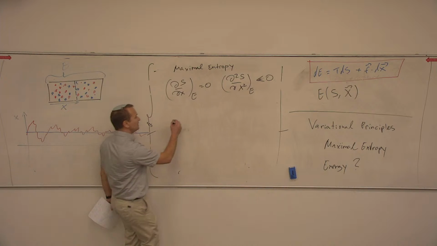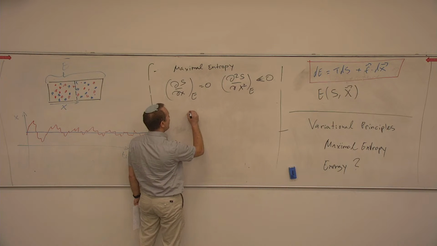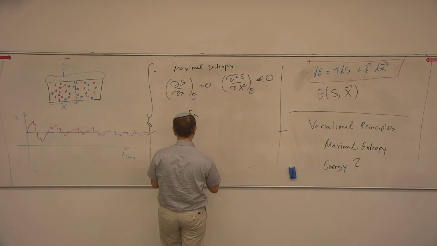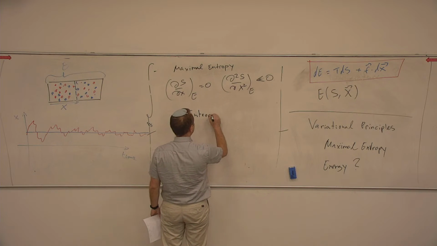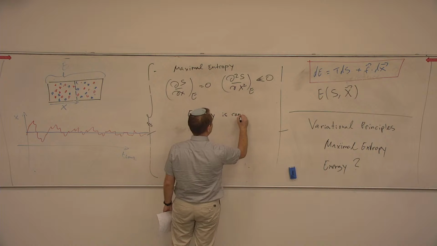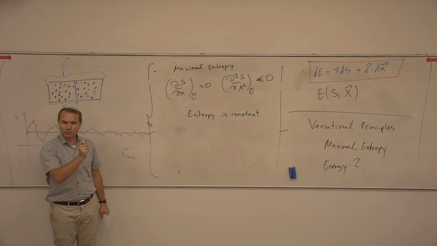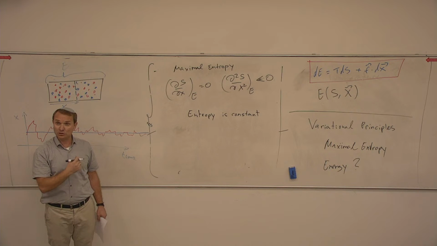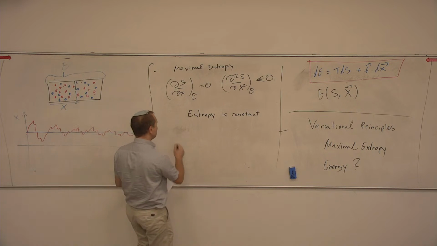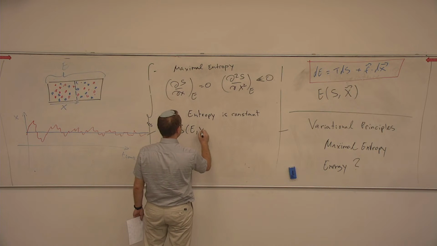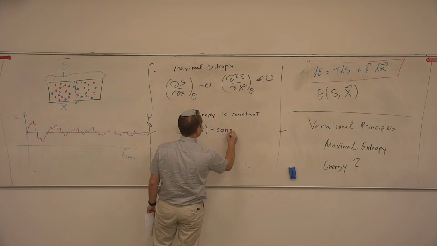Now, what happens if I keep my entropy constant? I'm keeping my entropy constant, and I want to see what happens to the energy of the system at equilibrium. So S, E, and x are related with S constant.